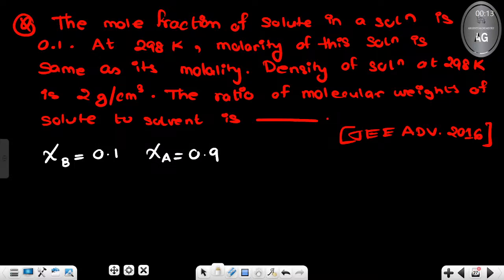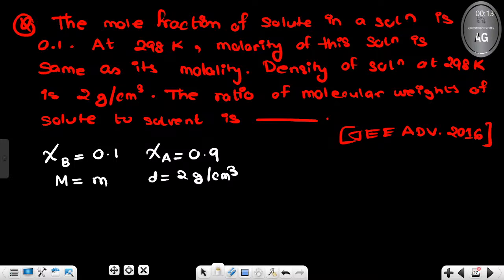At 298 Kelvin, molarity of the solution is the same as its molality. The density of the solution at 298 Kelvin is given as 2 gram per centimeter cube. It is asking for the ratio of molecular weights of solute to solvent.